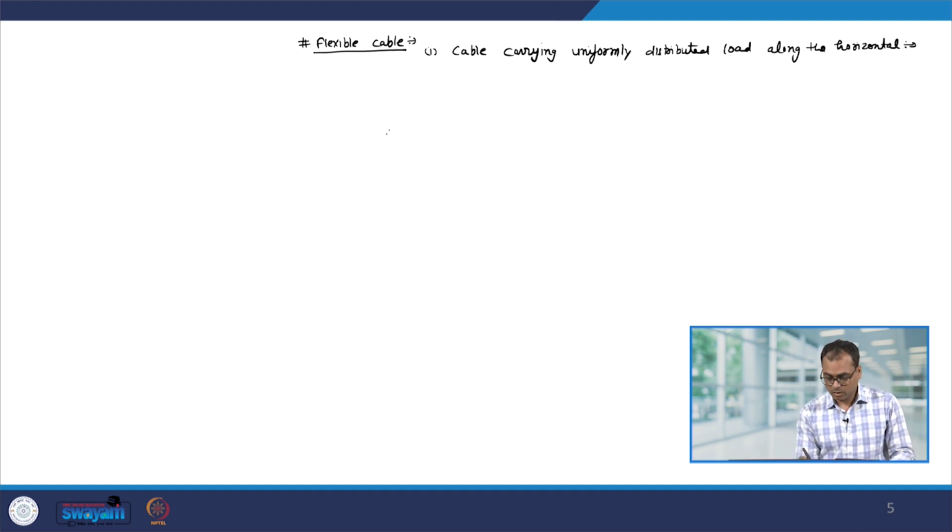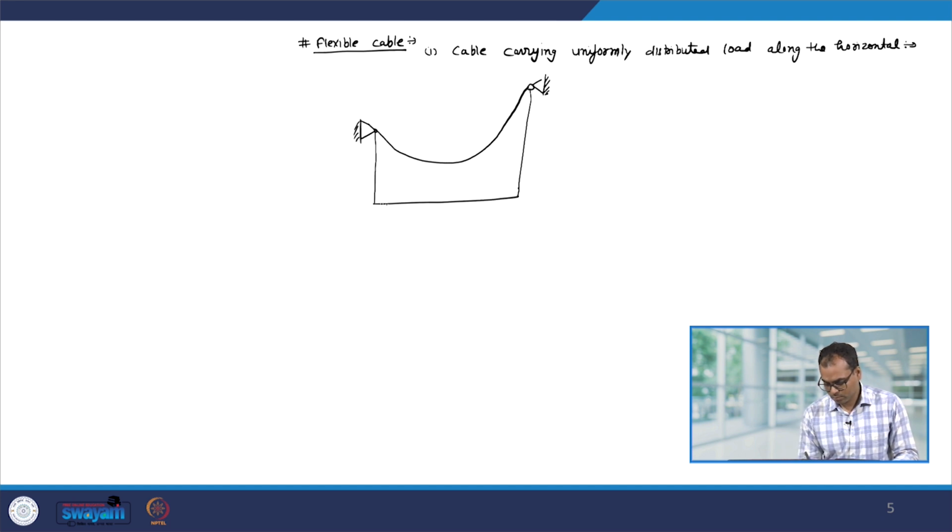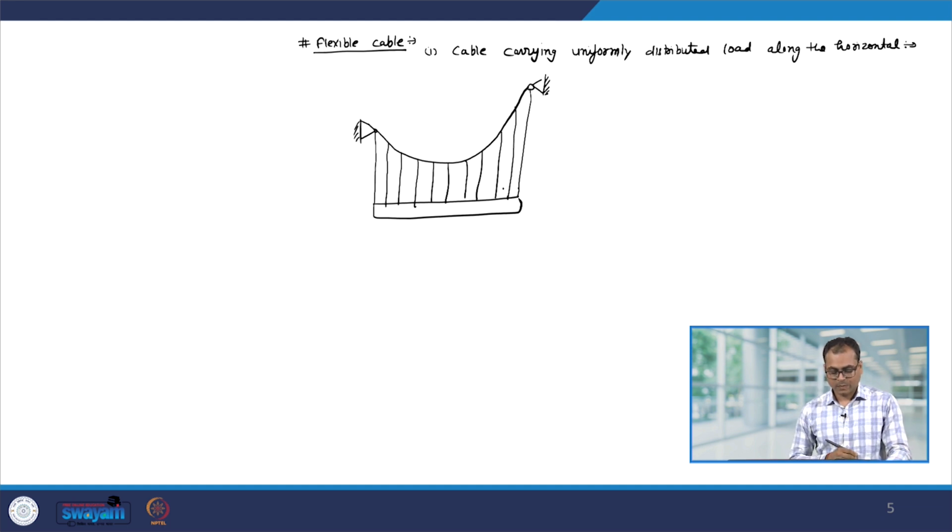So, we have this cable, let us say this point is A, this point is B, then we fix our axes at the minimum point of this cable.